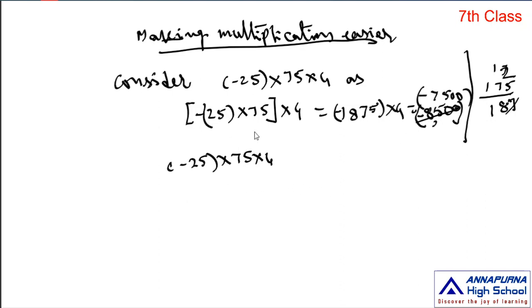Now we can do the same multiplication another way: minus 25 into 75 into 4. Multiply the first integer and the third integer. Why?